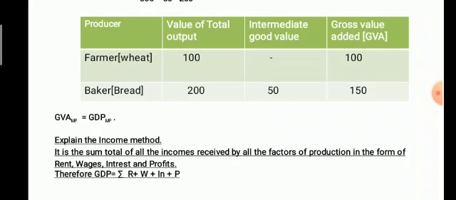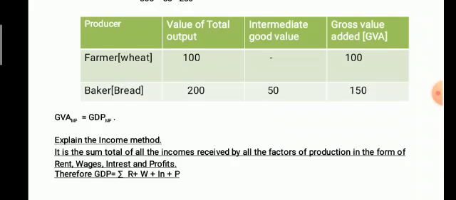All the incomes in different forms like rent, wages, interest and profits are added to get the income method. Therefore GDP is the summation of R plus W plus IN plus P, where R stands for rent, W stands for wages, IN stands for interest, and P stands for profit.